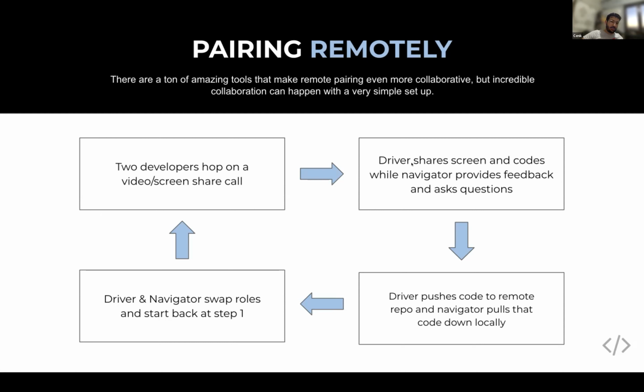When you want to change roles, the driver pushes the code to the remote repo and the navigator pulls the code down locally. Then the navigator turns into the driver, and the driver navigates, repeating from step one, and going on like this.